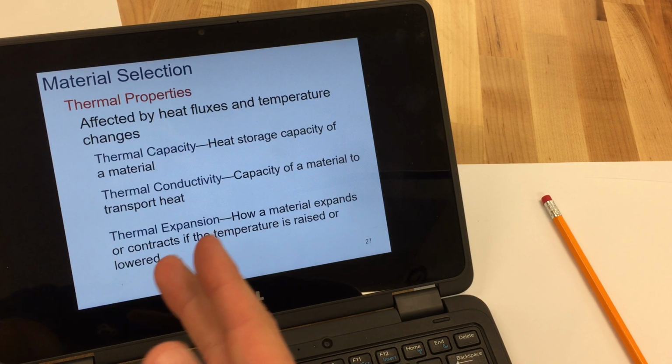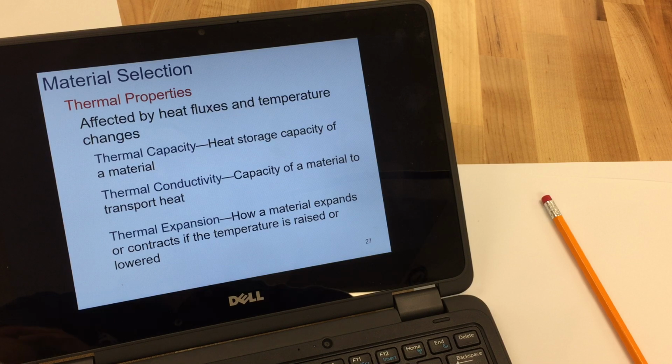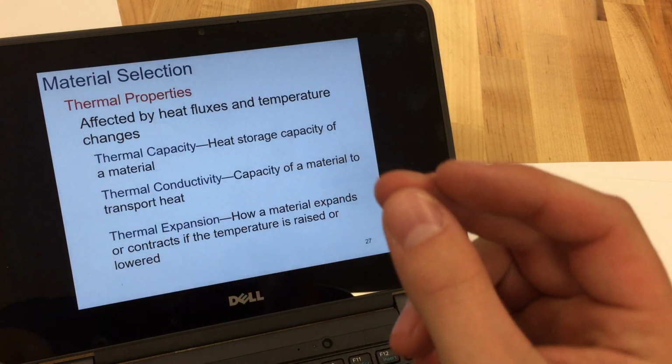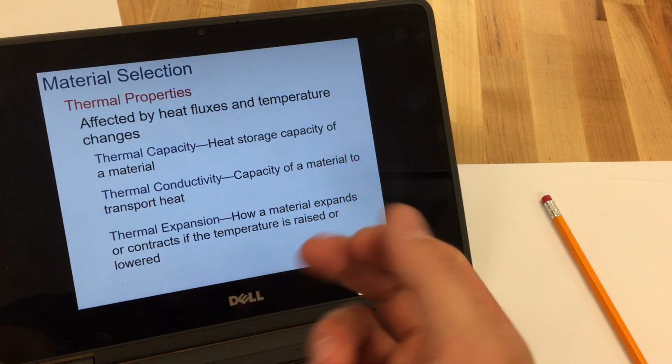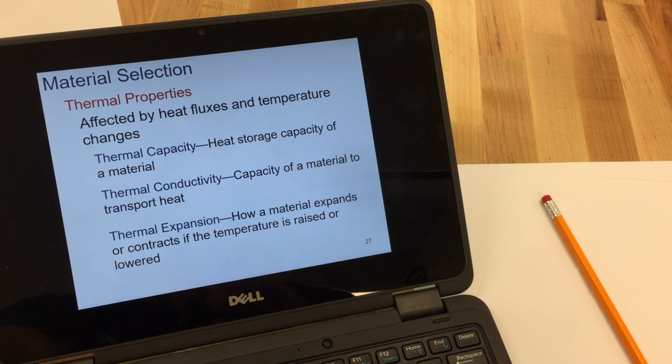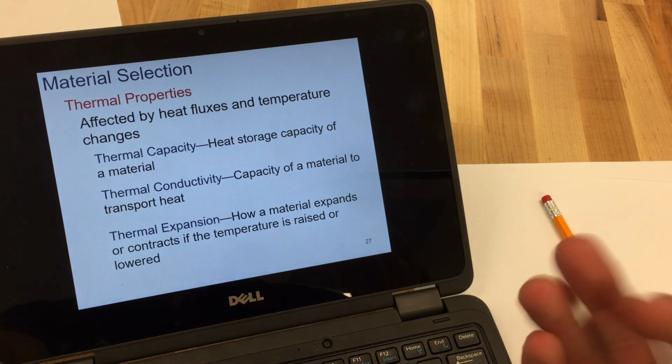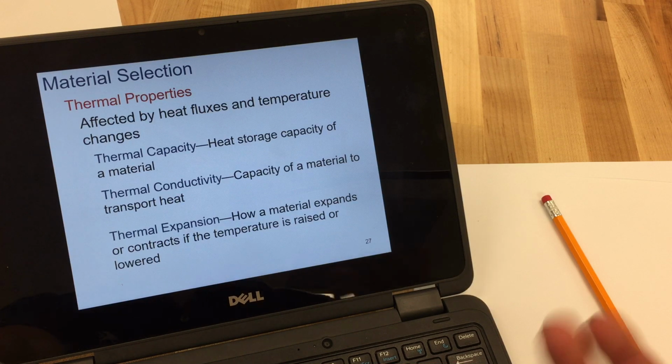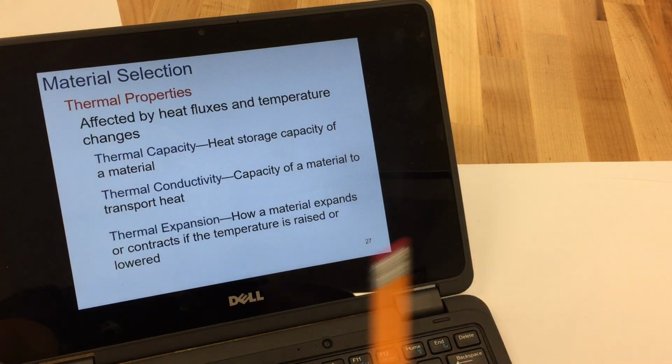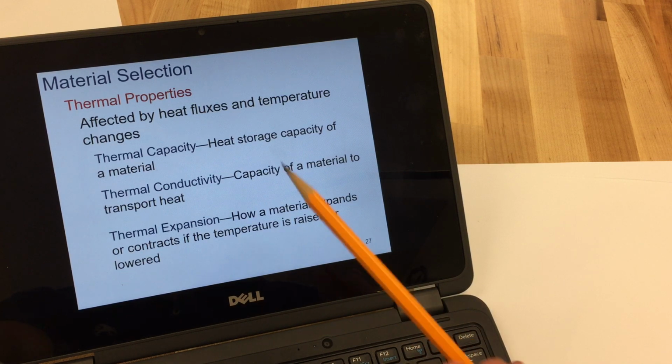When we're talking about thermal properties, this is affected by heat fluxes, so changes in temperature. Plastic, especially thin plastic, like if you think of a cheap lunchbox. If that's left outside in the cold and it gets hit once, it's just going to shatter into pieces. Certain plastics are better at handling different types of temperature. Thermal capacity is the heat storage capacity of a material.